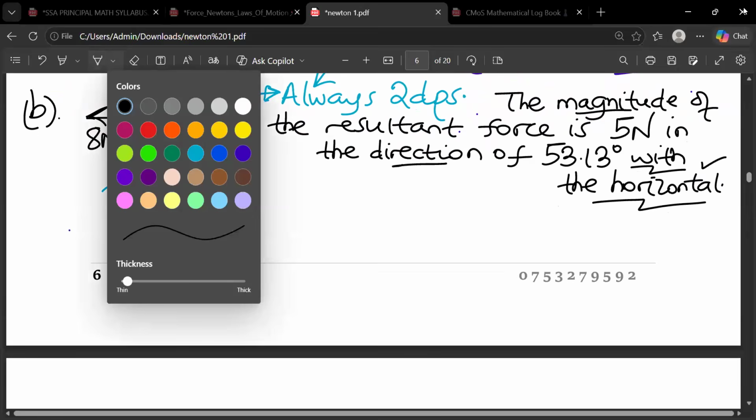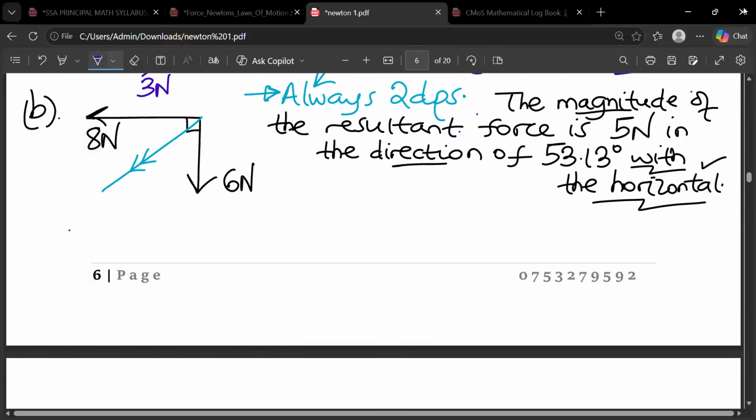Now, for this case, when they ask you to do all that, I told you just try your level best. Try and shift this force here. You get the point? So come and put it here. Be like, this is where I'm having the 6. So if you're to draw all those things again, you will have such a diagram. Just don't change the format of the question. Have here the 90 degrees.